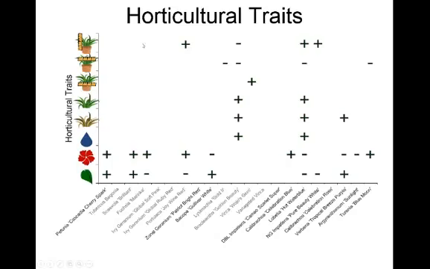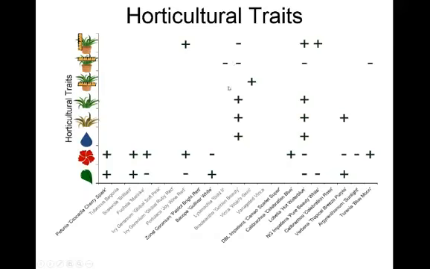So what we see overwhelmingly is that few species had significant horticultural trait responses to silicon. There are some examples here, like this lobelia, where several traits were affected. So we had slightly smaller flowers, slightly less wide leaves, but we had higher fresh weight, higher dry weight, higher water content, and a taller plant.